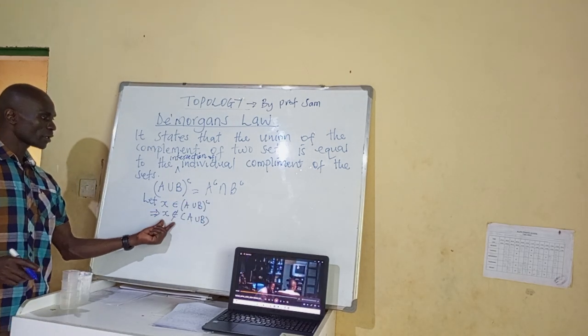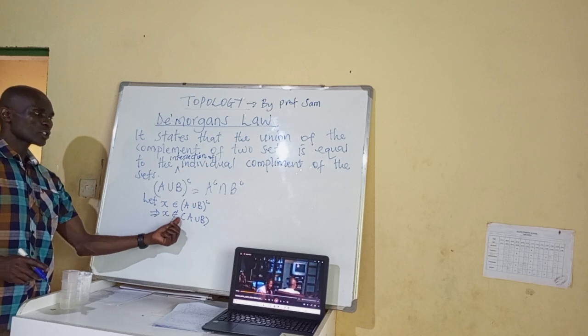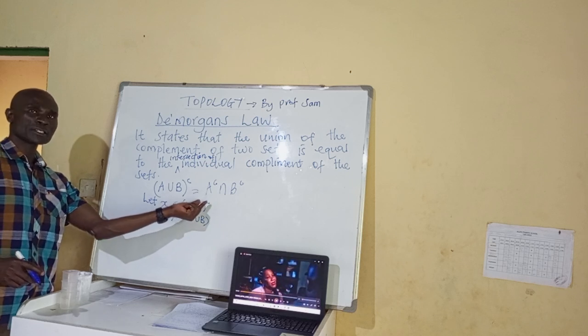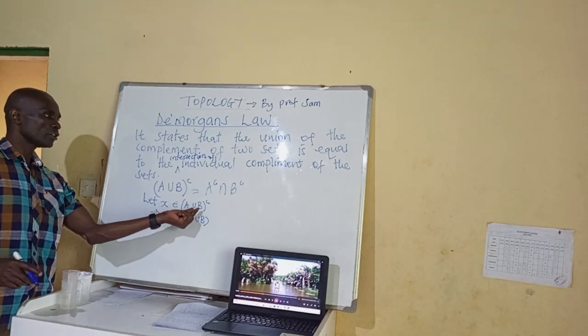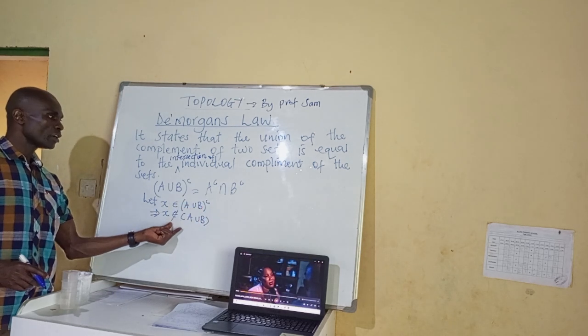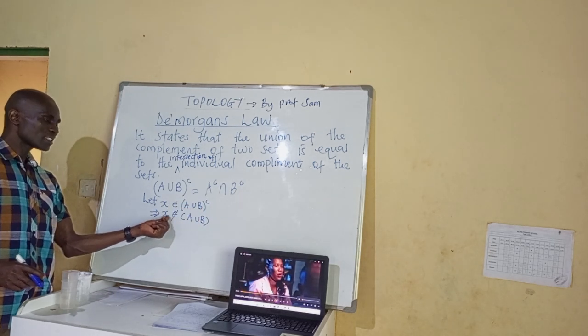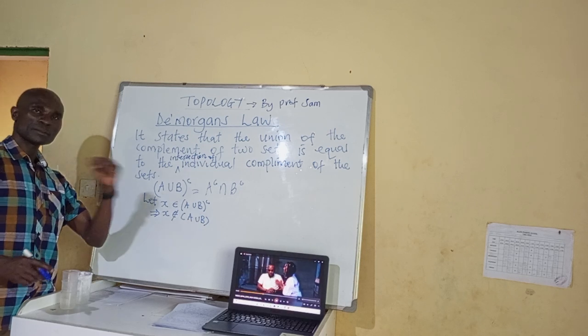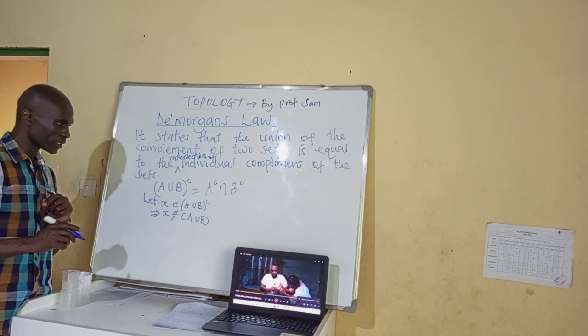So we are saying x is an element of A union B complement, the complement of A union B. But now x is not an element of A union B without the complement.